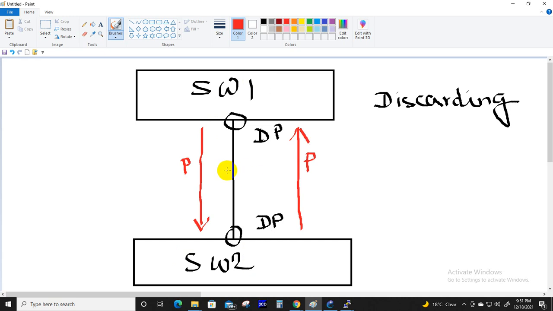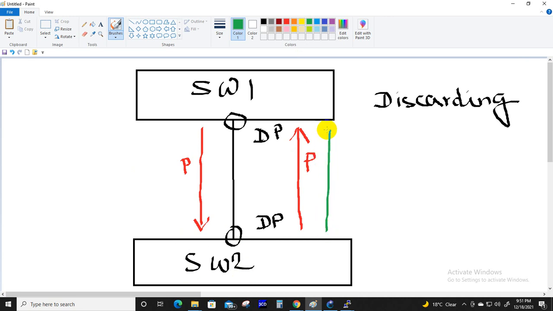Suppose the superior BPDU is sent by switch 1 based on its bridge ID. Okay? So switch 2 will stop sending proposal BPDU. It will send agreement BPDU.